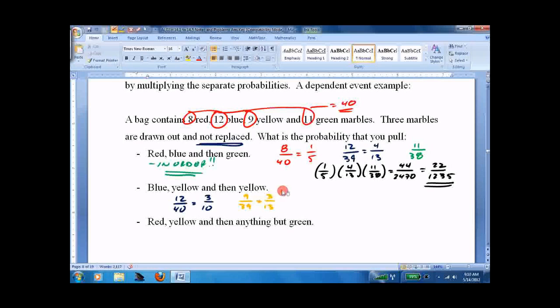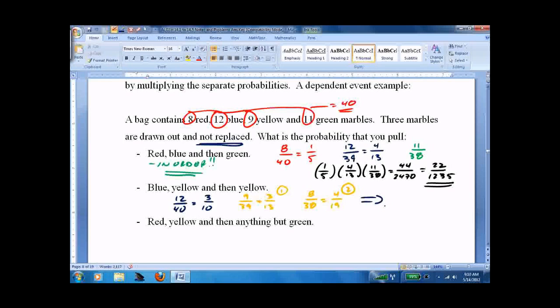That's the first yellow. Second yellow will be only 8 yellows left out of 38. That's the second yellow. I'm not going to write it out, but multiply them all together.